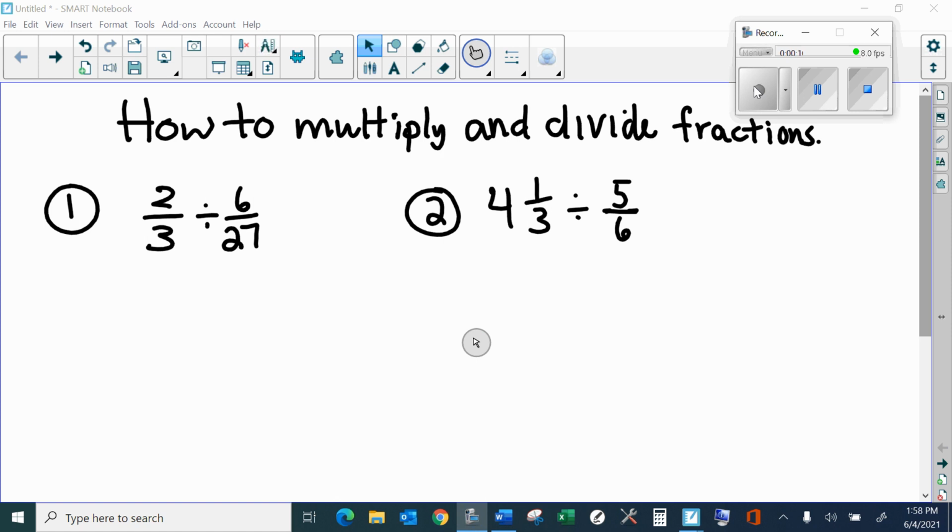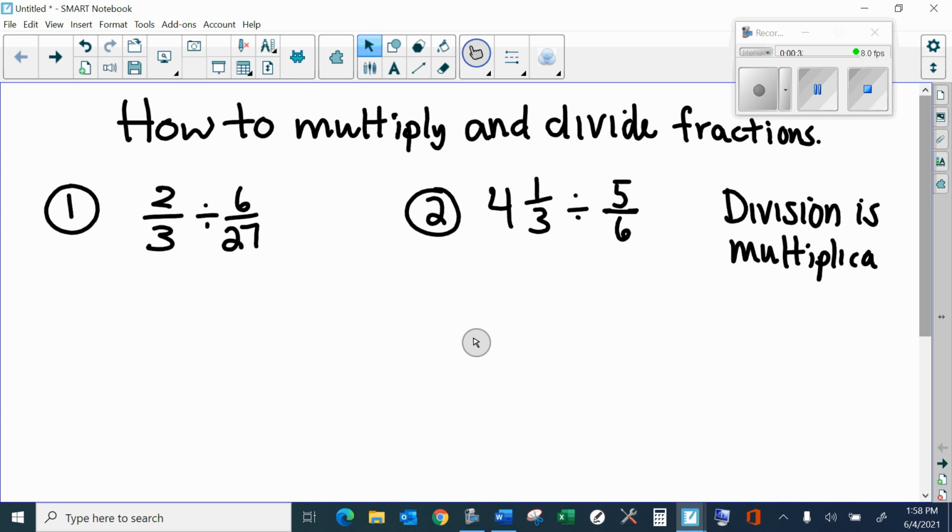Okay, the main thing you want to remember is division is multiplication by the reciprocal. So if I ever ask you that question, or any teacher asks you that question, you should be able to say, what is division? You should be able to tell them multiplication by the reciprocal.